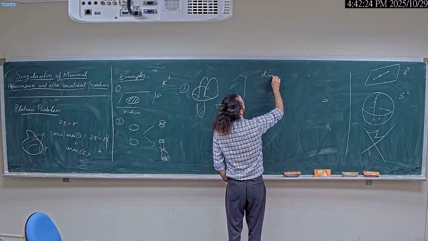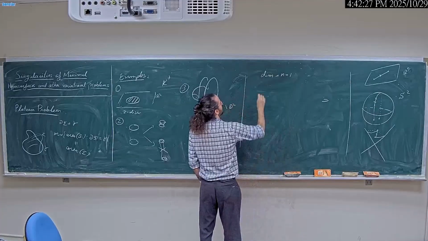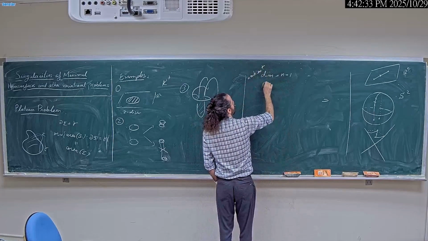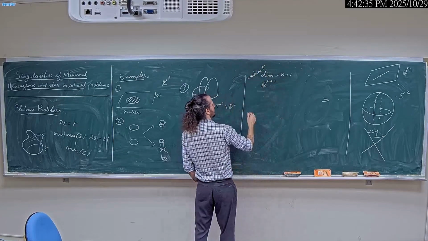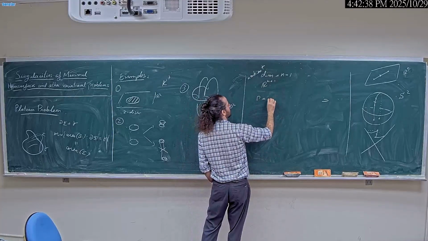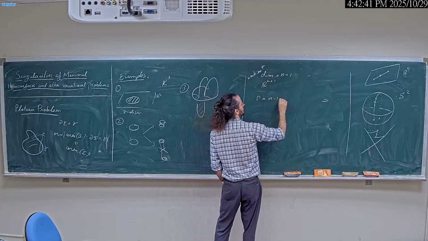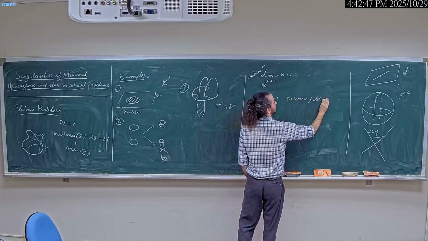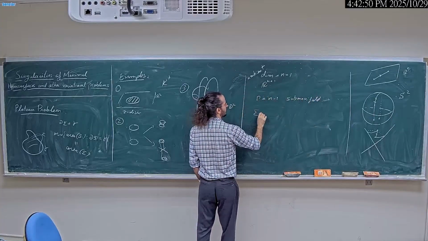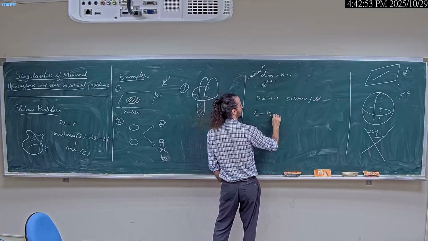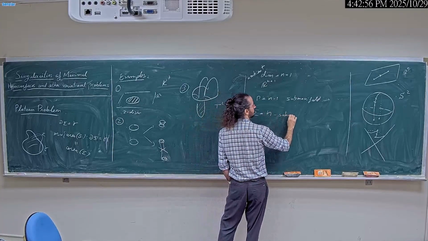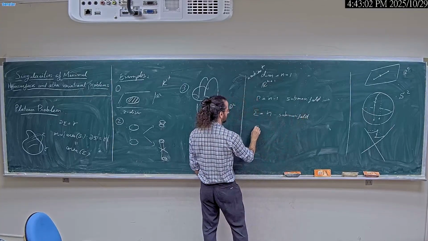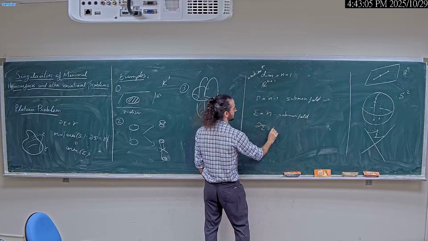So if your ambient space is R^(n+1), now the same problem: Gamma is an (n-1)-dimensional submanifold, and then you're looking at Sigma, an n-dimensional submanifold, a hypersurface, and the boundary of Sigma is Gamma.